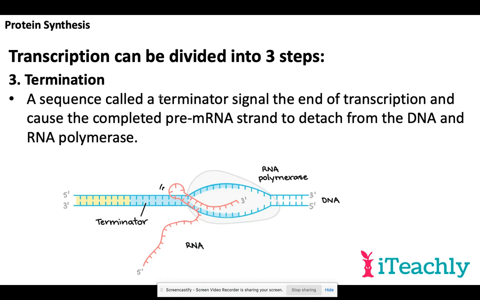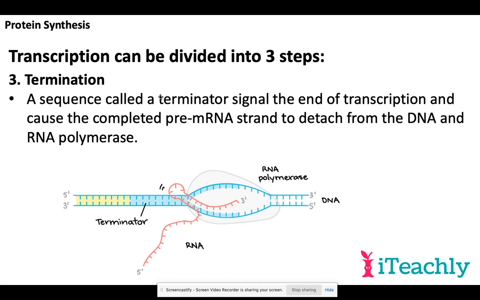So then termination. This is what's called just a termination signal. It's basically a stop sign, for lack of a better way to describe it. So the RNA polymerase reaches a stop sign, a point in the molecule where the RNA polymerase can no longer code.